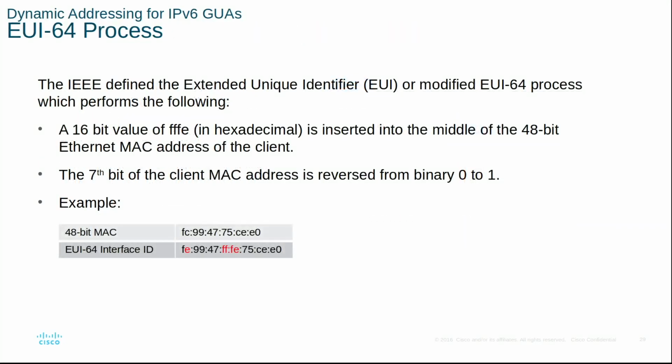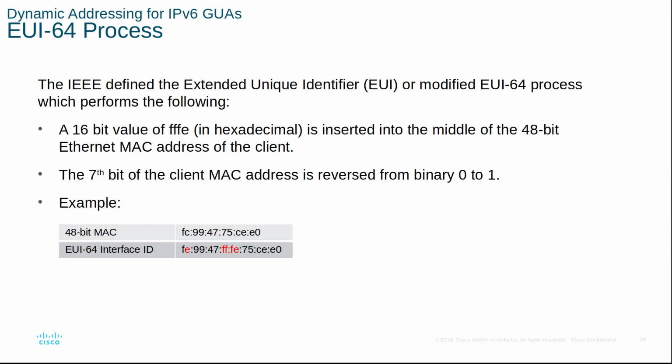Using the EUI-64, that's a process defined by the IEEE, and it stands for Extended Unique Identifier, or Modified EUI-64. First, a 16-bit value of FFFE is inserted into the middle of the client's 48-bit MAC address.